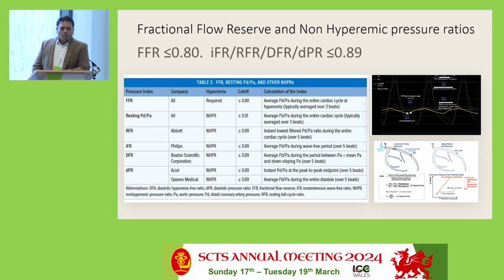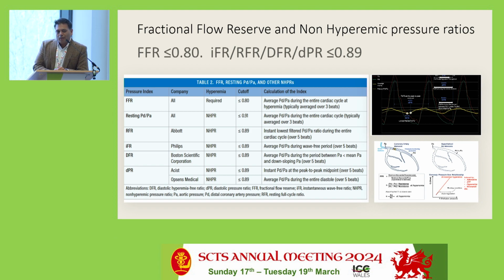What has become very confusing recently is the terminology, which you will see increasingly in the heart team MDT. FFR is a specific measure of coronary flow when we have given adenosine to the patient. Various companies such as Abbott, Philips, and Boston have patented technologies which look at different things.